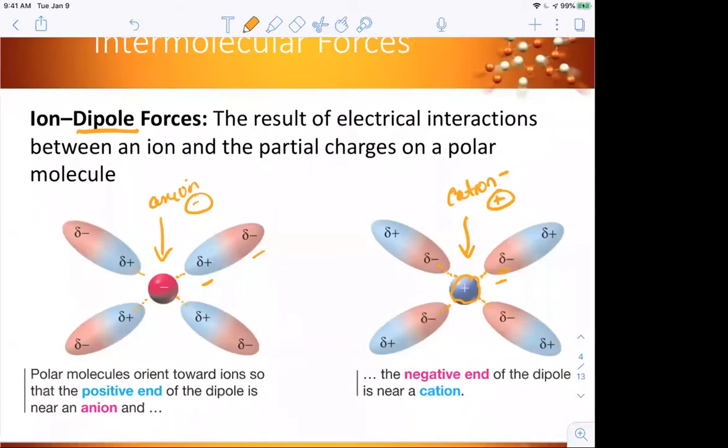So these interactions between the polar molecules that have permanent dipoles and the positive or negatively charged ions are what you would consider the ion dipole forces. And these are pretty strong. In general, the more polar something is, the more I have a positive or a negative charge, the greater the force is. So this is probably the strongest intermolecular force that we're going to be talking about today.